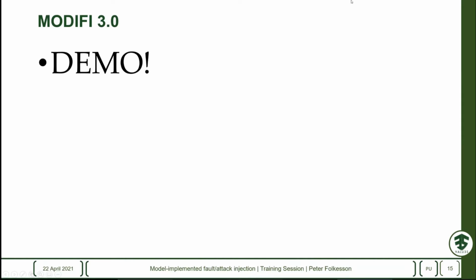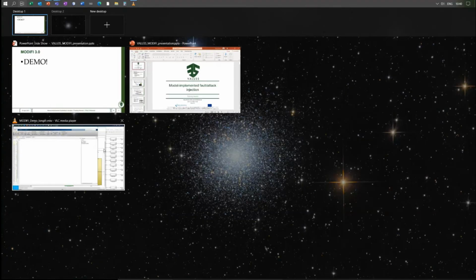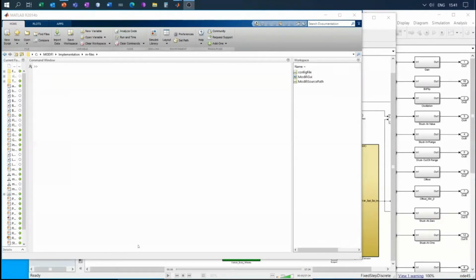So let me show you the tool. This is the MATLAB Simulink environment. We have an example model and the fault and attack model library open here to the right.